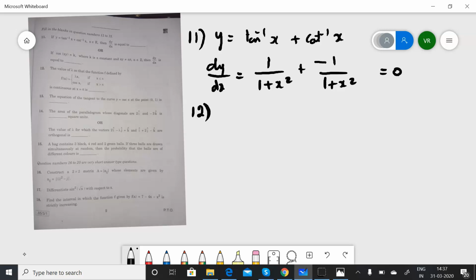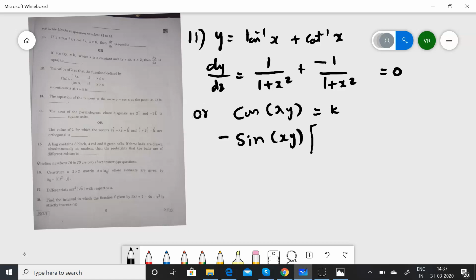Next, coming to the 12th question, the OR question. If cos xy equals k, where k is a constant and xy is not equal to n pi, n belongs to Z, then dy by dx is equal to what? Now let us find out dy by dx. When you differentiate cos, it is going to be minus sin of xy, and we need to differentiate xy by using the product rule.